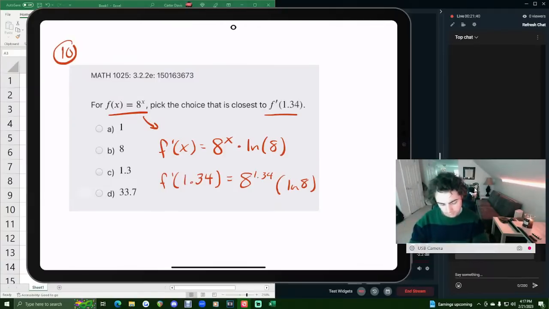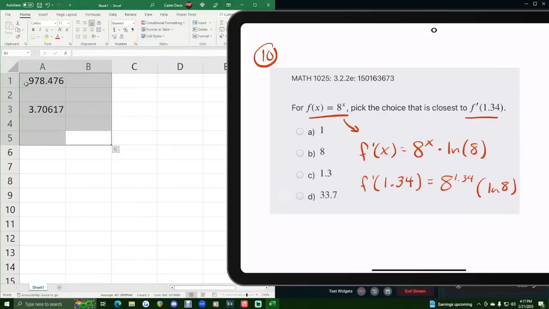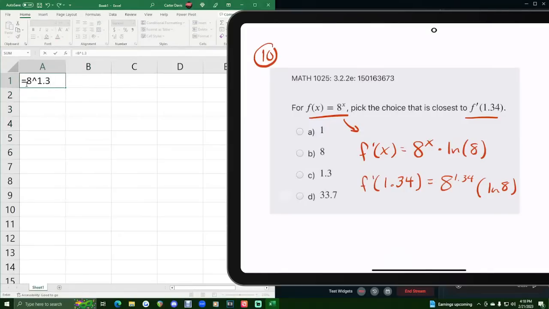And let's calculate this in Excel. So 8 to the power of 1.34, and then all of that times ln of 8.